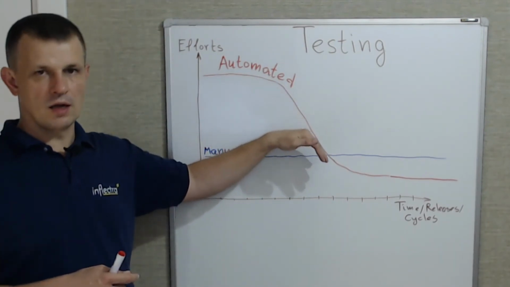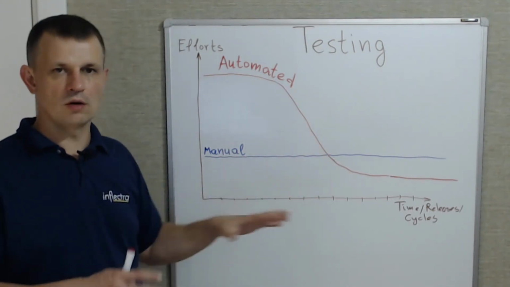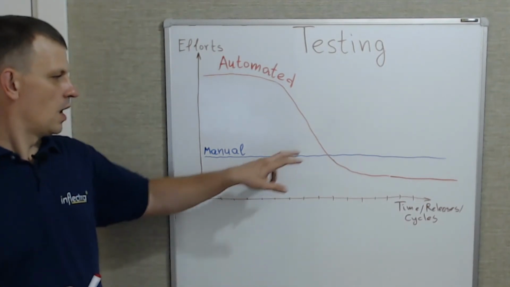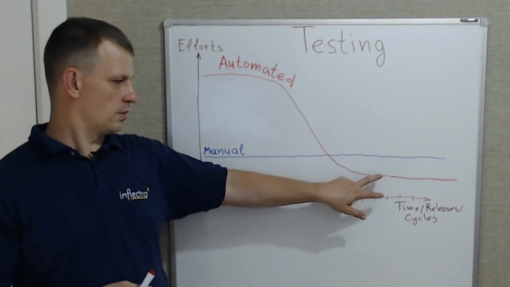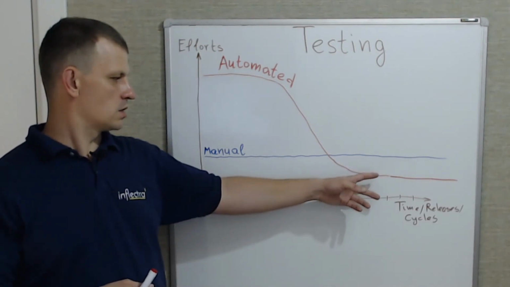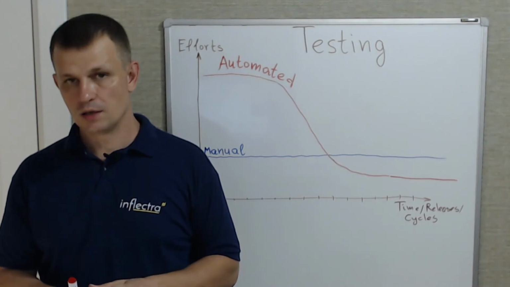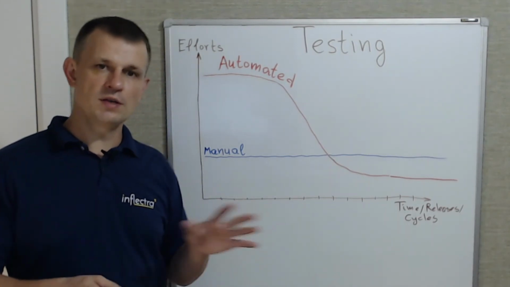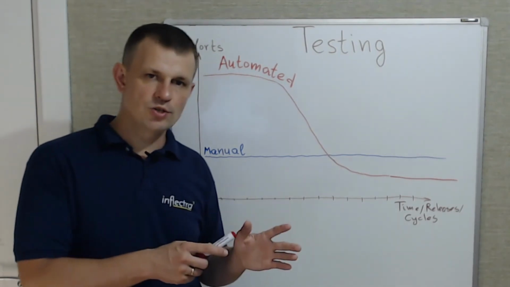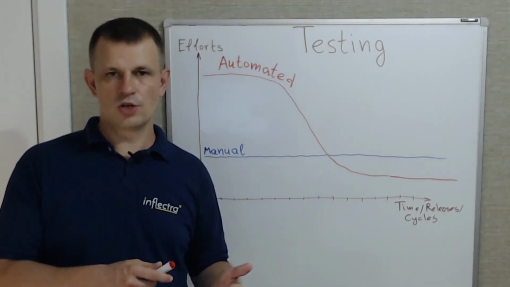After that, the efforts to write tests goes down because we have working test set, and all our efforts that we are spending is some time required to maintain this test set. Maintaining means fixing some test cases when application changes and we have to change some tests to reflect this change.